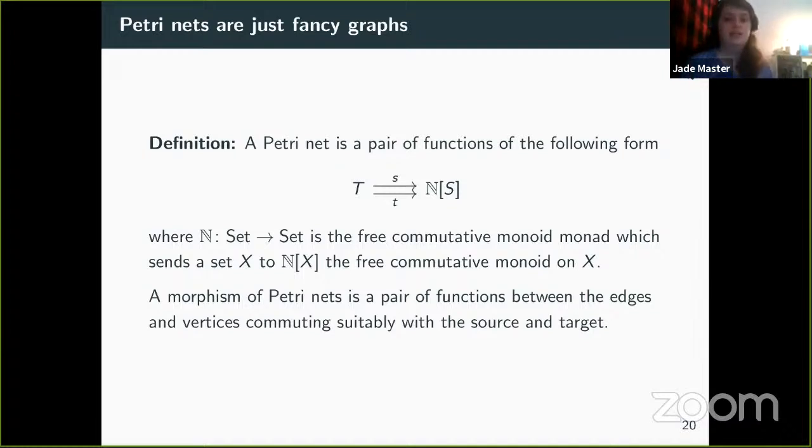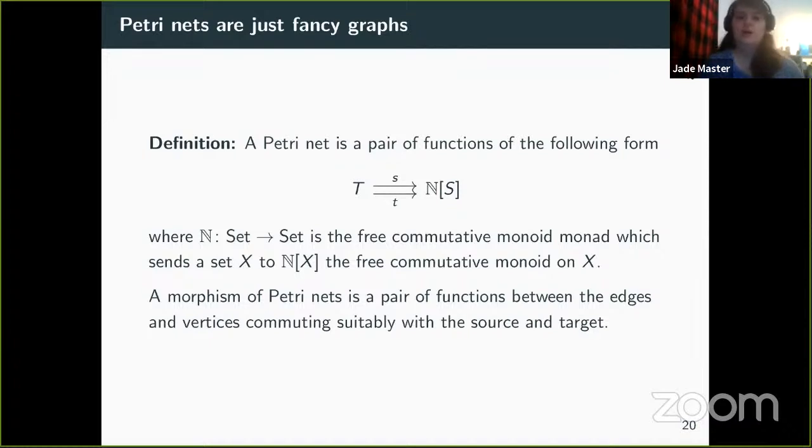Another way to think about the free commutative monoid on a set is you can describe it as the multi-subsets of that set, or multi-subsets with finite support. But the analogy to graphs is that T is the set of edges, and N of S, or S, is the set of vertices, and S and T are still the source and target.